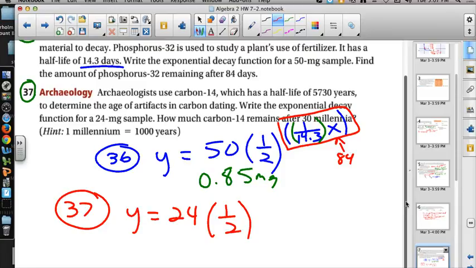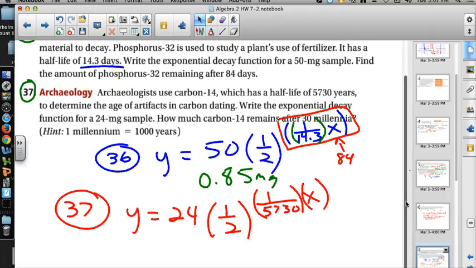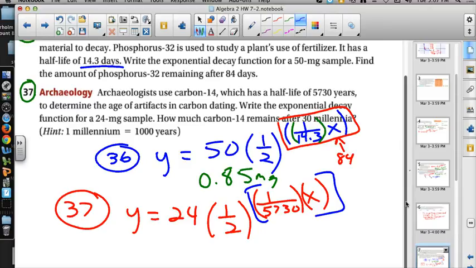But now the life cycle of this is not the same as a life cycle that we would think of. I mean, it's 5,730 years, for goodness sake. So each year is 1/5,730th of its life. So that's what we would want to use as our decay function.